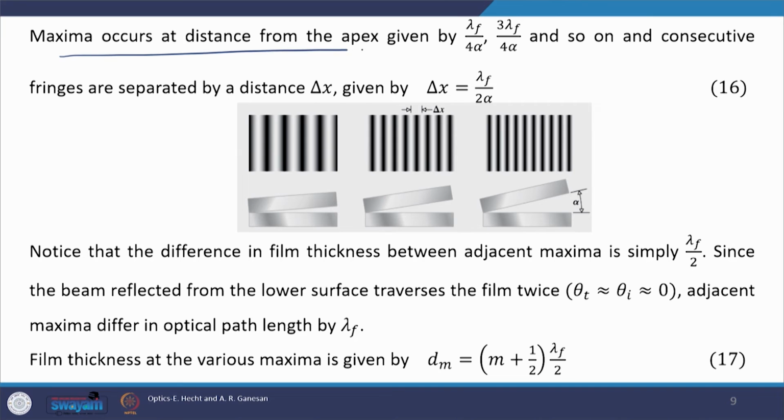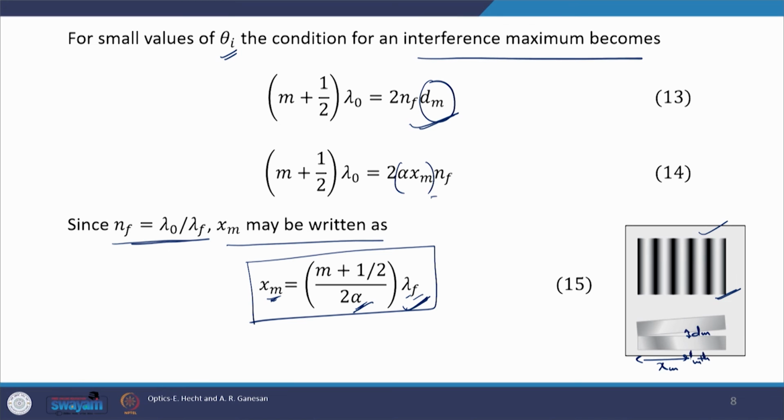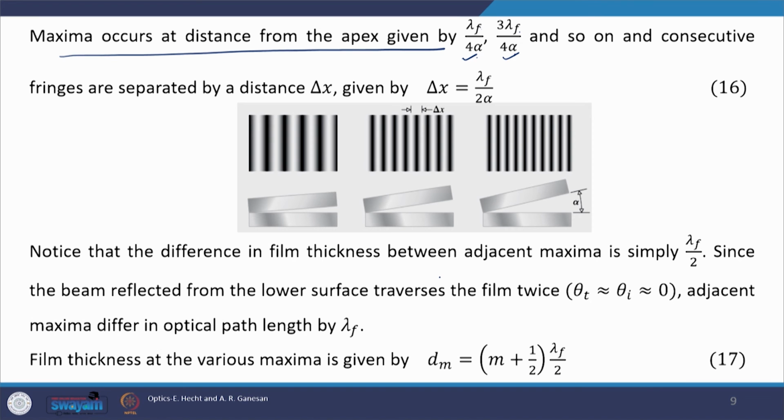Now, from the previous relation, the first two consecutive maxima occur at x given by lambda f by 4 alpha and 3 lambda f by 4 alpha. How? If you substitute m is equal to 0, then you get lambda f by 4 alpha. The next interference maxima will occur when m is equal to 1, which if you simplify will give you 3 lambda f by 4 alpha.